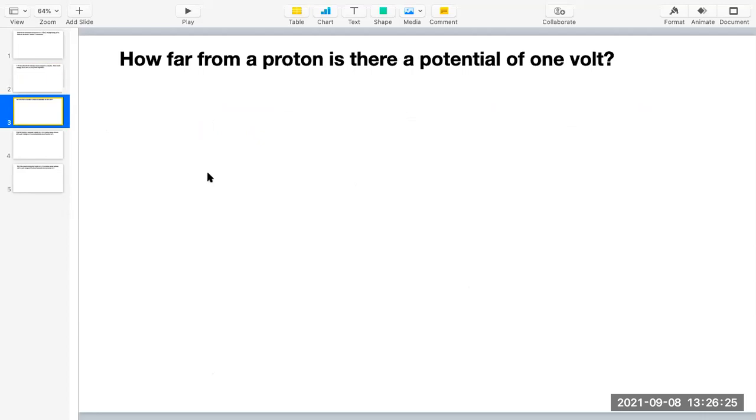If you wanted a potential of 1 volt, how close do you need to be to a proton in order to find it? Again, assuming 0 volts is infinity.